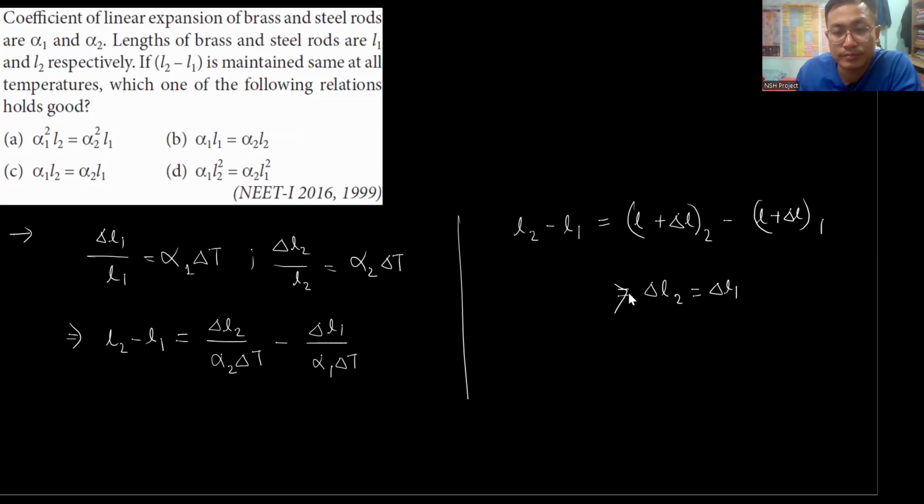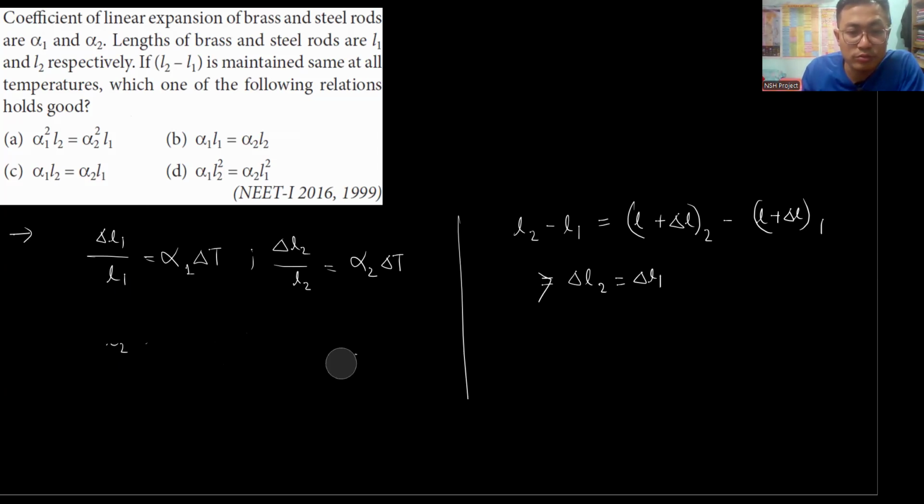It implies delta L2 should be equal to delta L1.